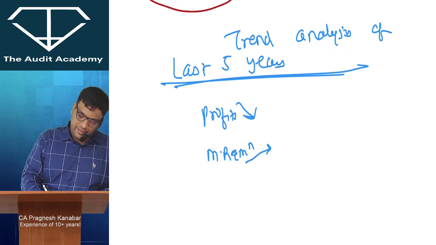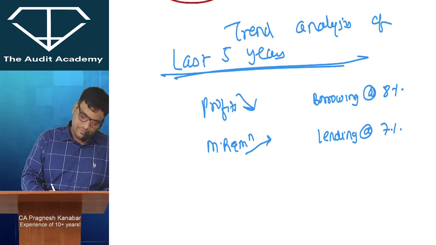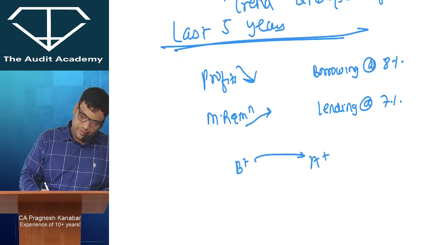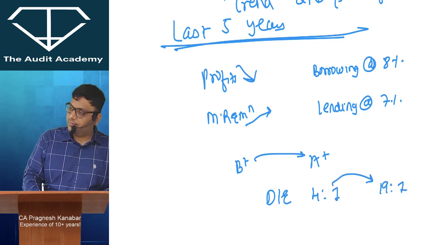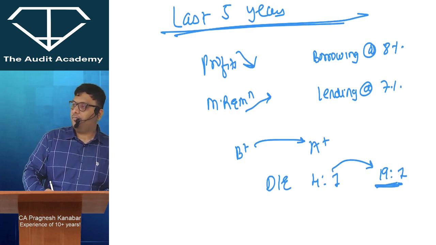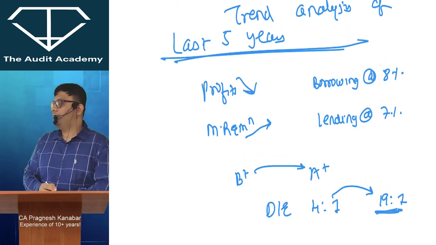Since last 5 years, company is borrowing at 8% and lending at 7%. And the company's credit rating has improved from B+ to A+. Whereas company's debt equity ratio has gone from 4:1 to 19:1. This is the trend analysis of last 5 years.